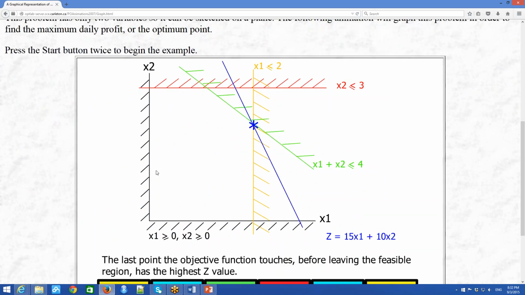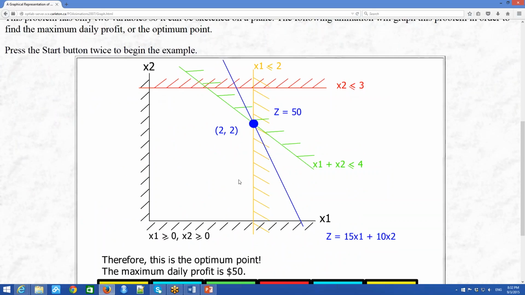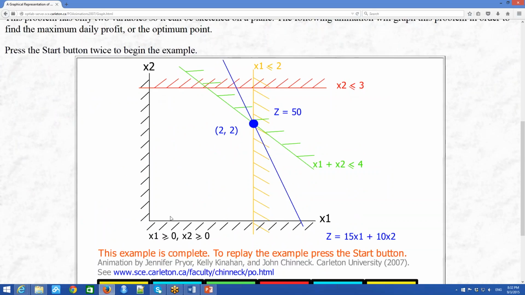That's why this area, in addition to that, x2 has to be less than or equal to 3. Then that's why this side would be the one that would be feasible. On the other end, anything has to be larger than or equal to 0, so that this is really my feasible region. This is called feasible region.